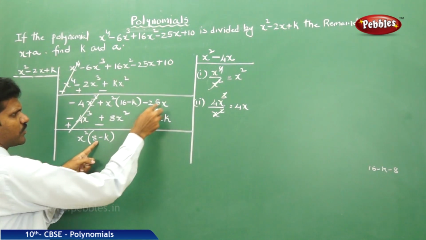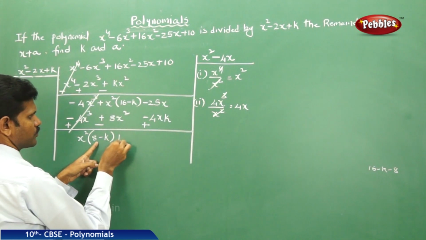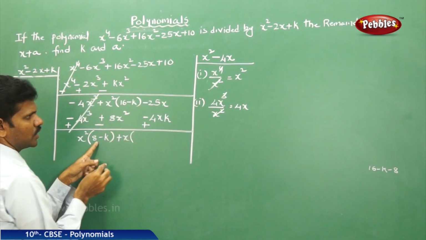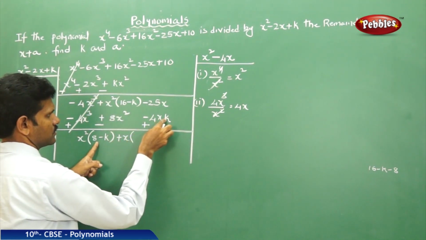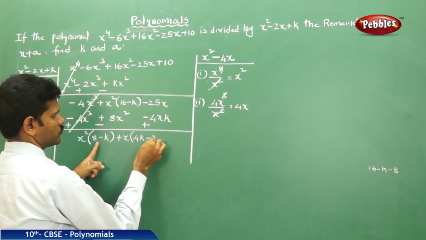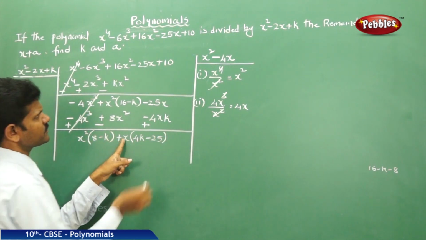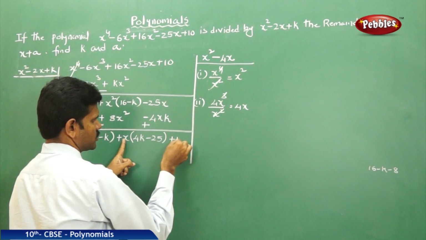Next the x term, from these two take x common, that is plus x common. If you take x common, 4k minus 25 is left, x, next one is the constant, plus 10 down.